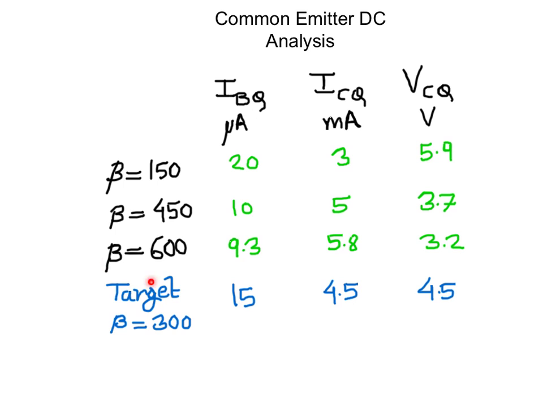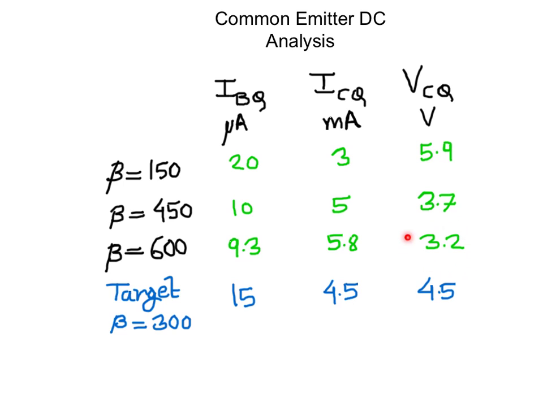And in the worst case scenario where beta takes the value of 600, the quiescent output voltage or the quiescent collector voltage has only changed by 29% compared to 94% for the simple common emitter amplifier.